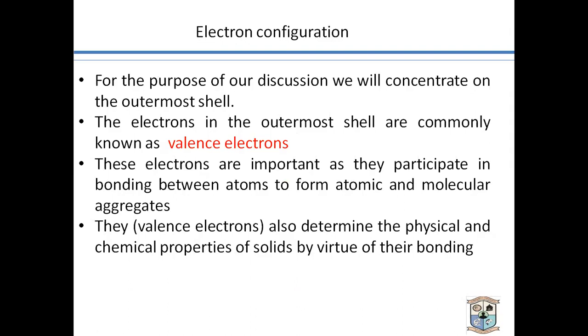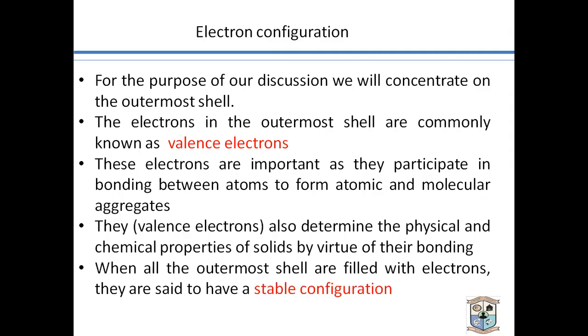Valence electrons are important as they participate in bonding between atoms to form atomic and molecular aggregates. They also determine the physical and chemical properties of solids by virtue of their bonding.